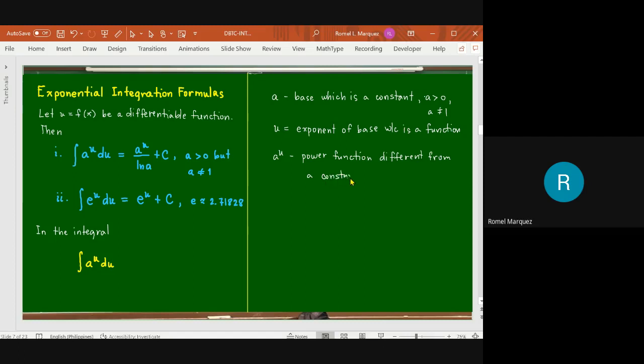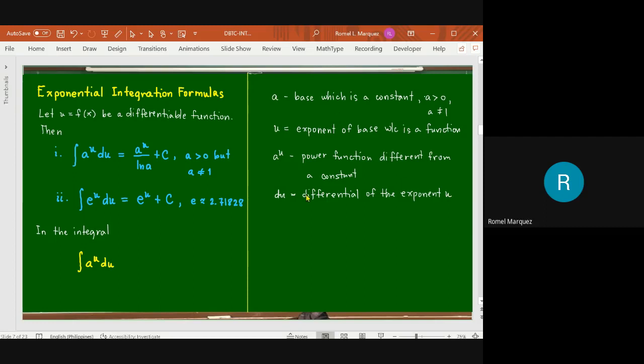And finally, du here is the differential of the exponent, no? Meaning of this u. Differential of u. Of the exponent u. Okay?